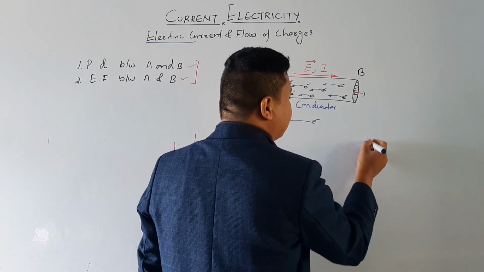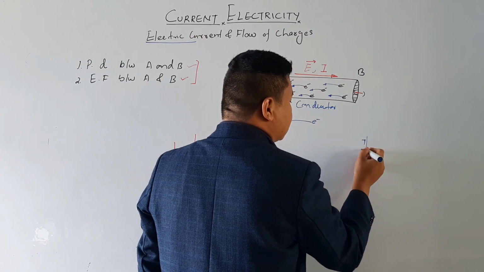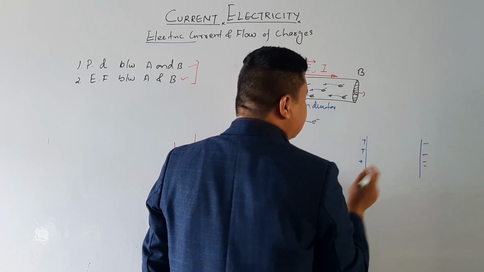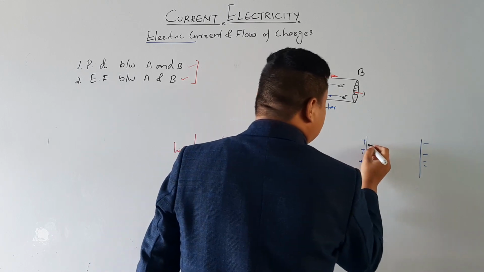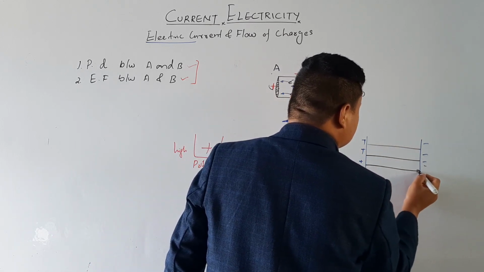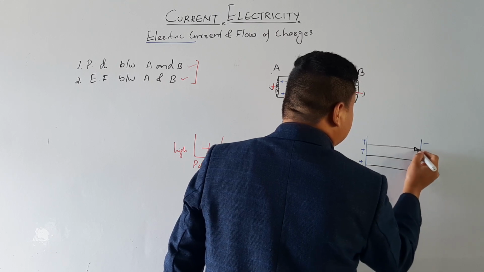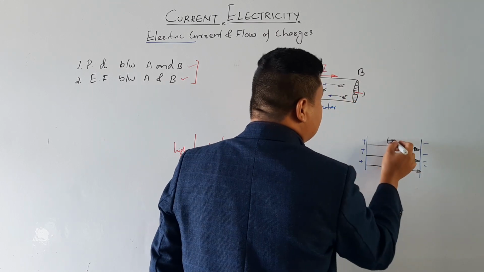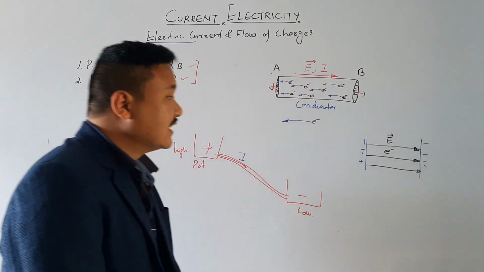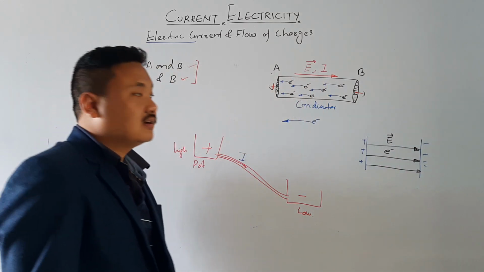Now if you have this plate which is positive, and this is my negative, what is the direction of the electric field? The electric field is in this direction, you know this. These are the direction of the electric field, and if I have an electron here, it will experience a force.